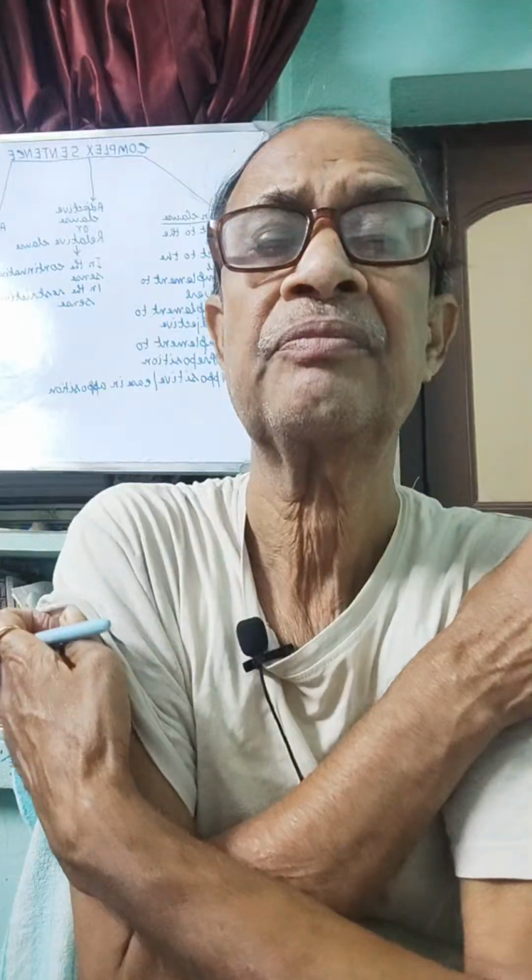And in the case of complex sentence, if you want to join or combine two or more than two simple sentences into one, let us discuss. Just follow and you will be benefited.